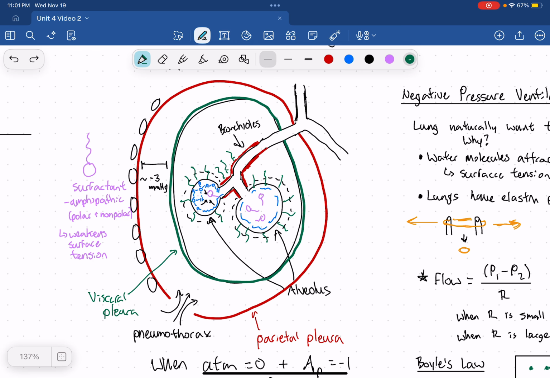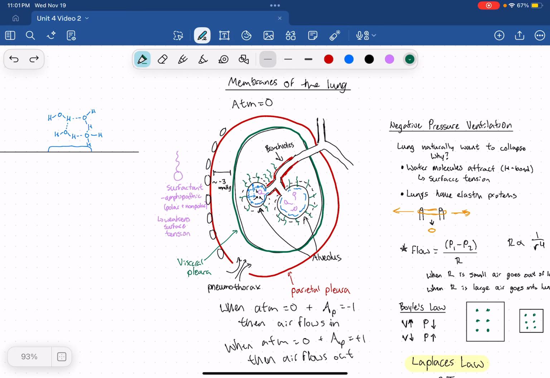And when we collapse our lungs, it's extremely hard to breathe, and it's serious. So this has to be treated immediately, or else the lungs will collapse, and it just becomes extremely hard to breathe, and that can lead to death if it's very serious.